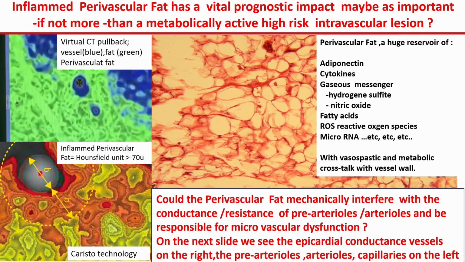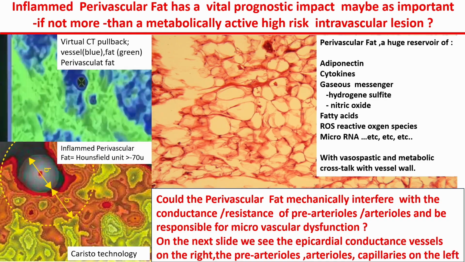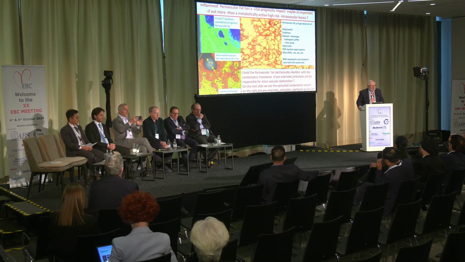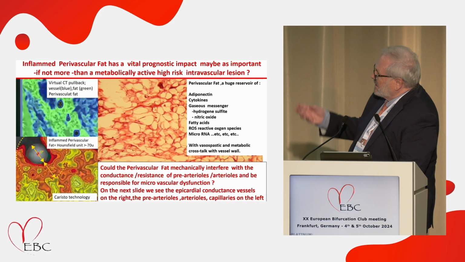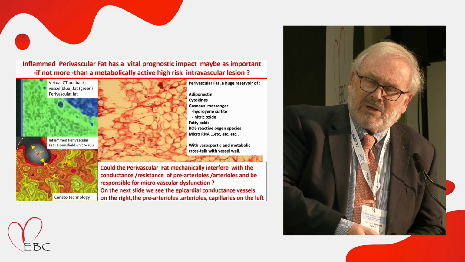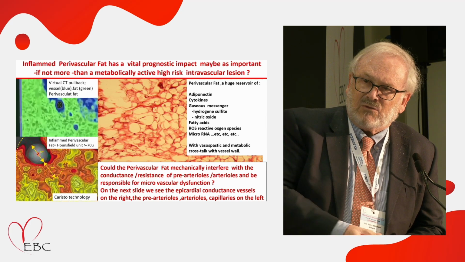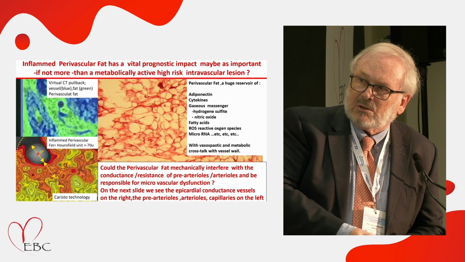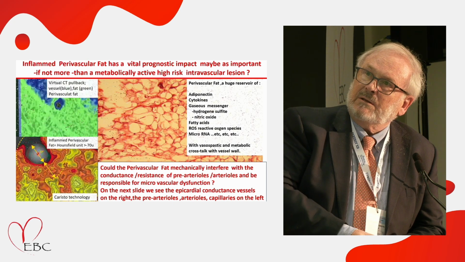I made a beginning of a list: adiponectin, cytokines, gaseous messengers. We know nitric oxide. I didn't know about hydrogen sulfide. It's really amazing. And could the perivascular fat mechanically interfere with the conductance and resistance of the pre-arterial and arterial vessels and their responsibility?